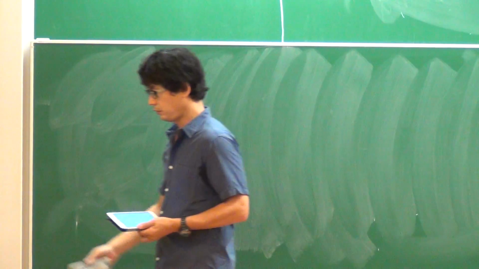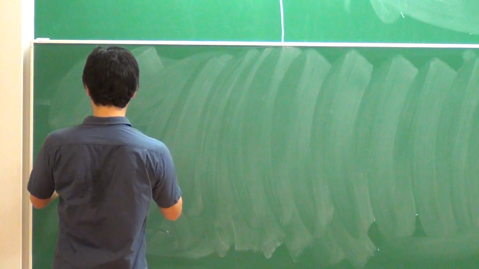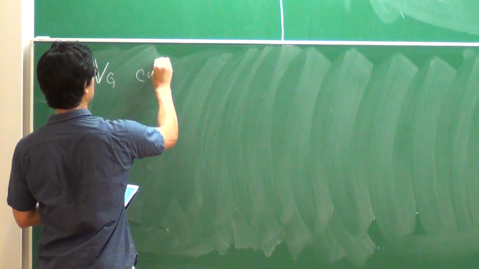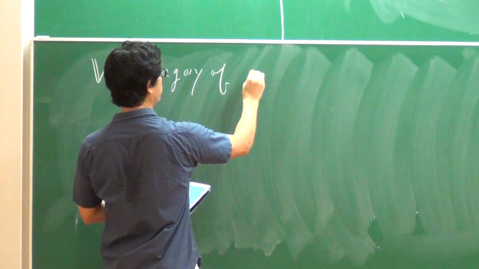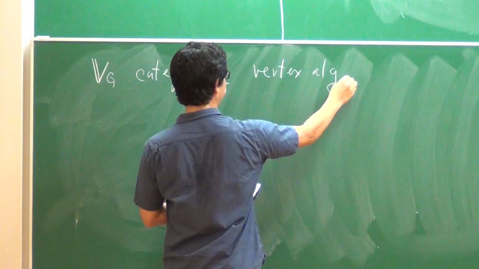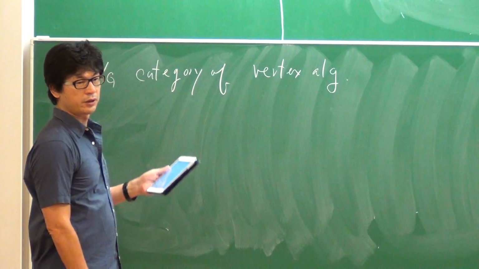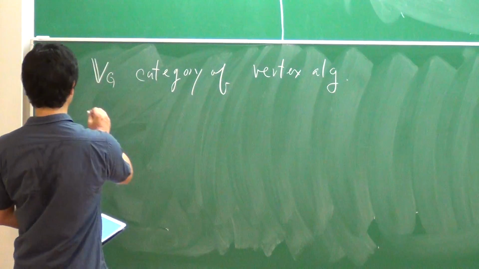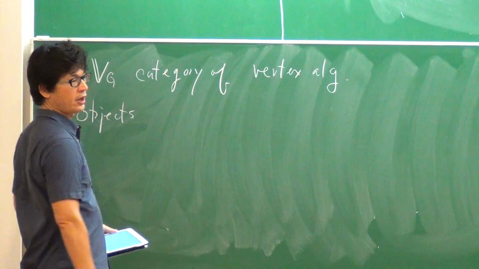I can define the category of vertex algebras. But again, the objects are not vertex algebras. So the objects are the same as before.